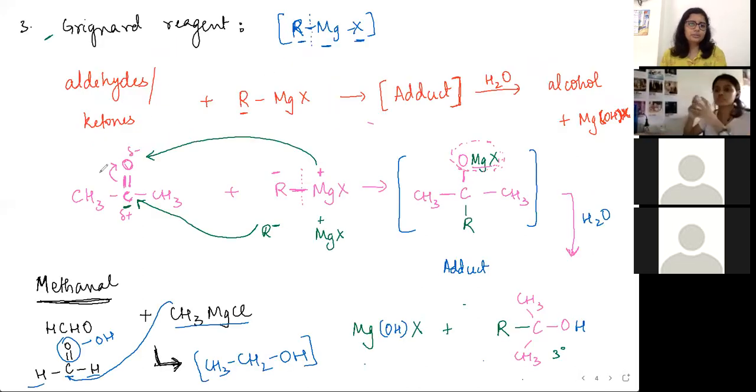So we've gone over the mechanism of the reaction. In the first step, as you mentioned, dry ether needs to be there so that this goes properly. In the first step, you get an adduct, which on hydrolysis gives you your alcohol.